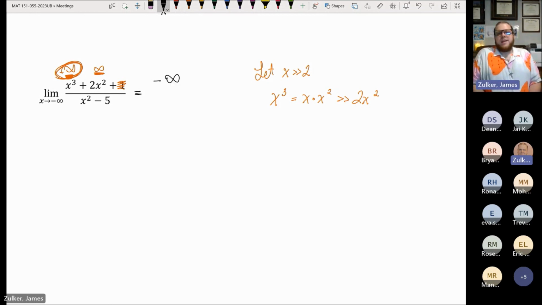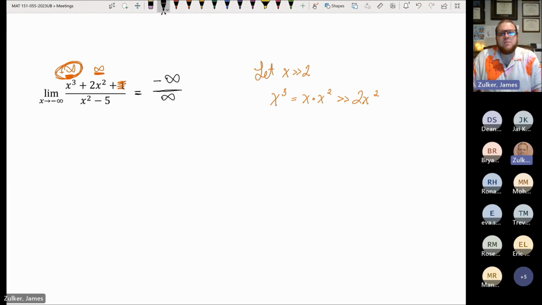The limit of the numerator is negative infinity. Now, luckily, the denominator, that -5 just doesn't matter. That's infinity. So this is indeterminate.